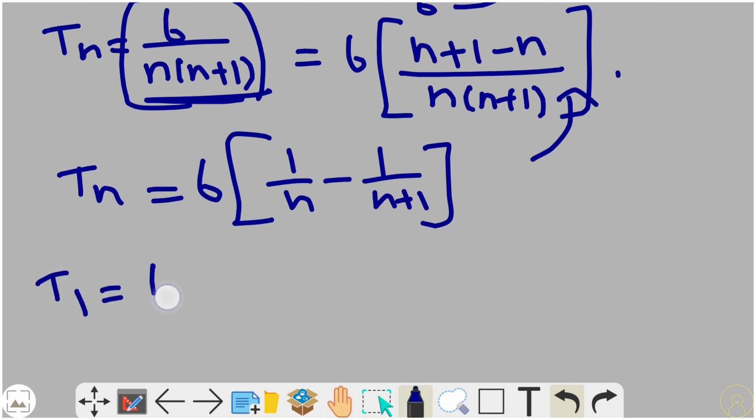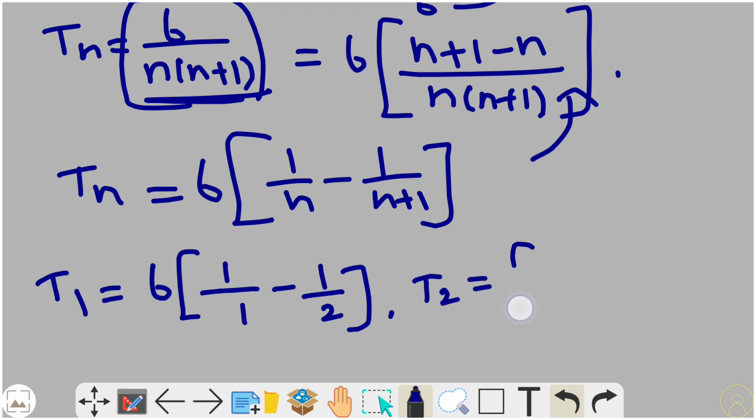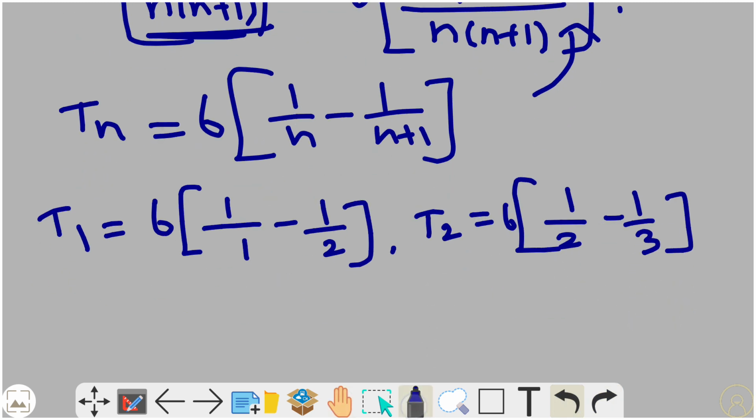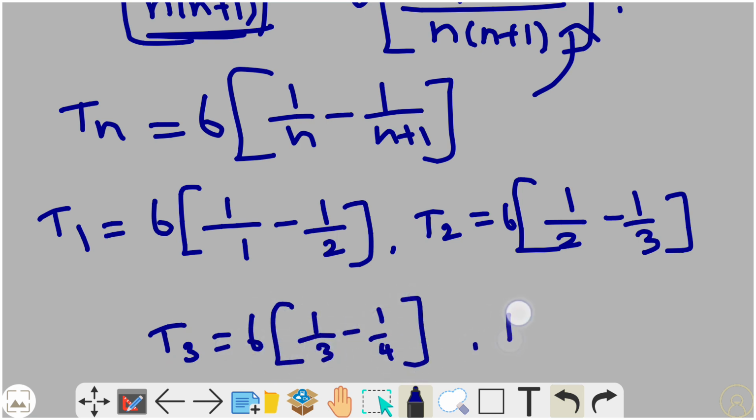T1 is equal to 6 into 1 by 1 minus 1 by 2. T2 is equal to 6 into 1 by 2 minus 1 by 3. T3 is equal to 6 into 1 by 3 minus 1 by 4.